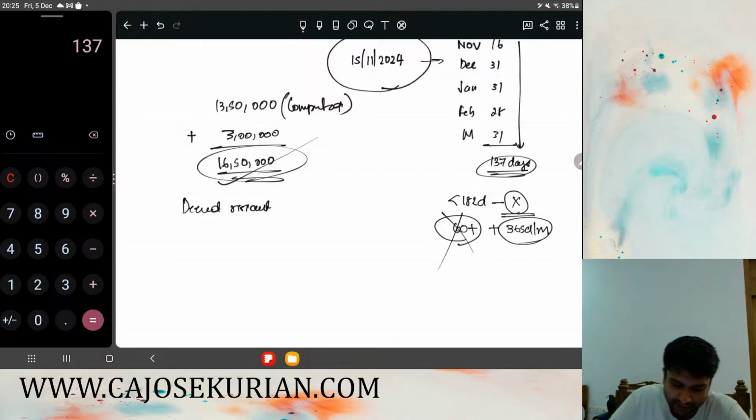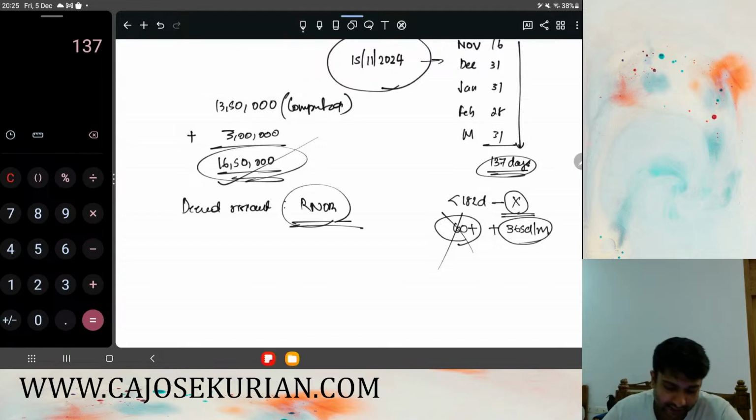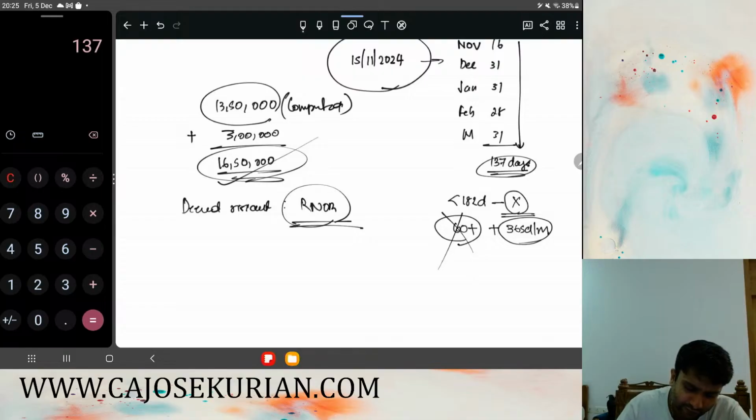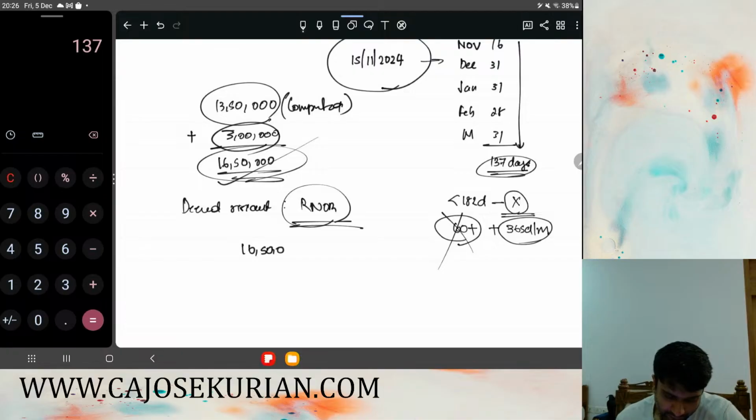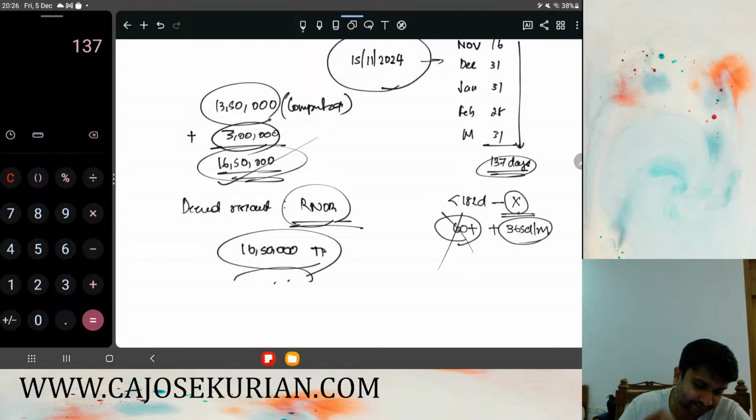So she will become a deemed resident and hence we can say she is an RNOR. If she is an RNOR, which incomes are taxable in India? The 13 lakh 50 and 3 lakh will be fully taxable in India because both accrued in India. So 16 lakh 50,000 itself will be her total income in India.